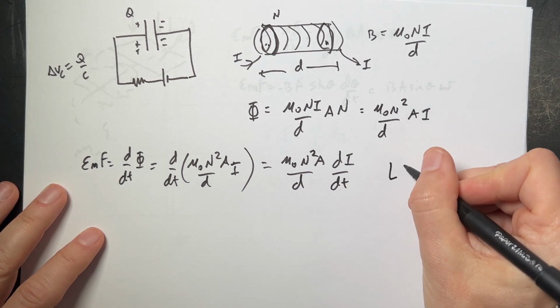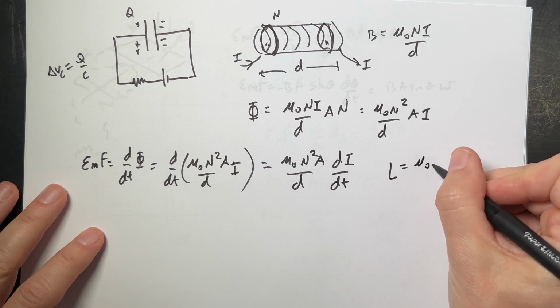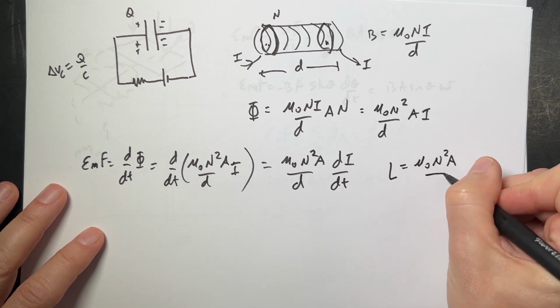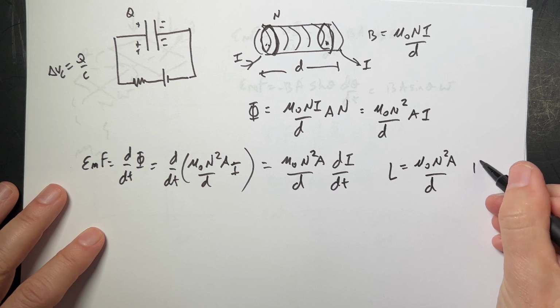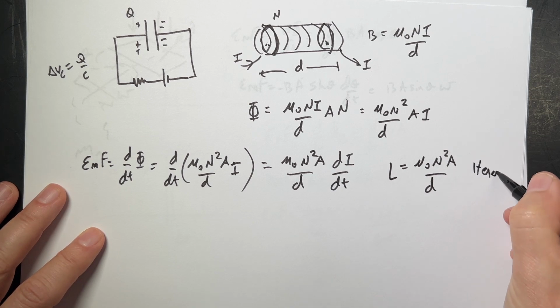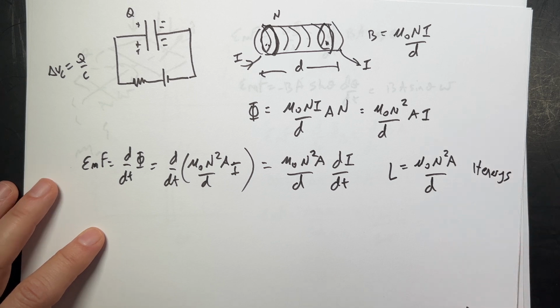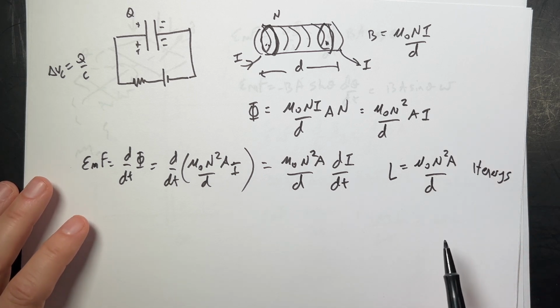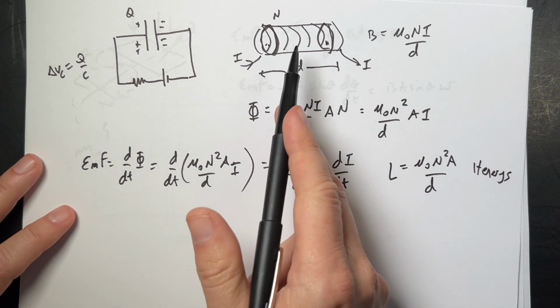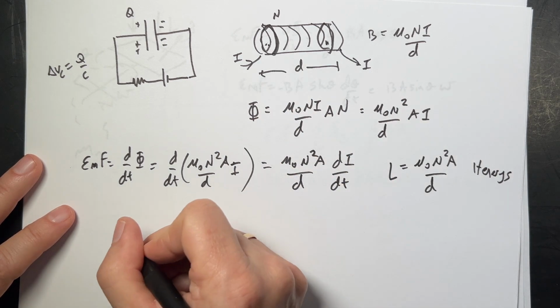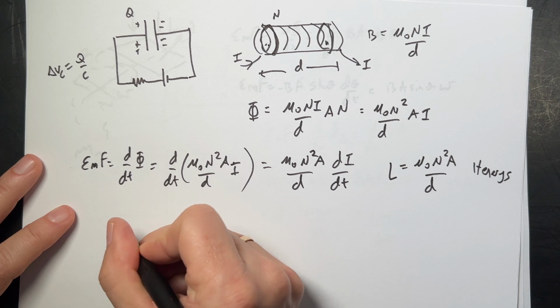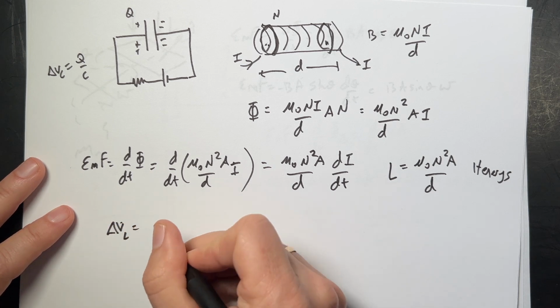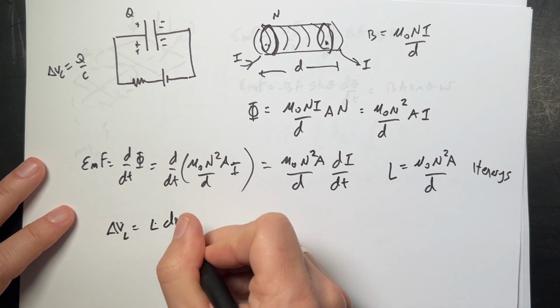So L for a cylinder is mu naught n squared A over d, and has units of henries. Henries. I think that's how you spell it. And that's the inductance. So I can write the potential across an inductor, delta V_L, is L dI/dt.